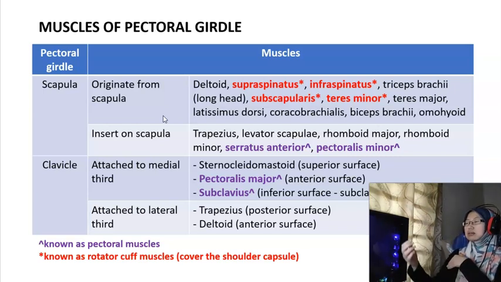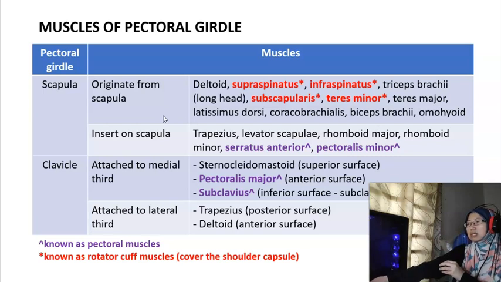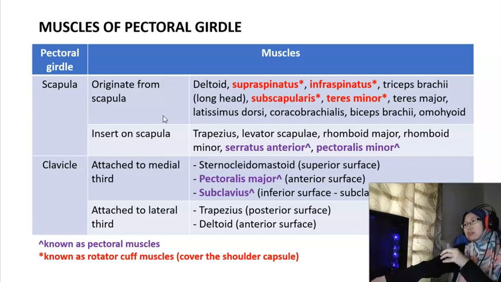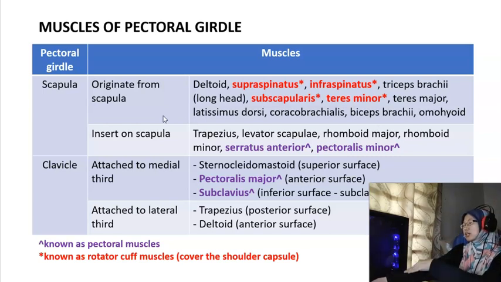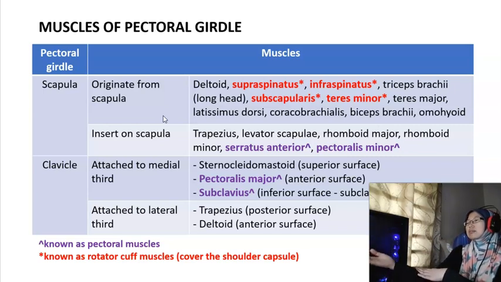Like your flexor muscle from medial epicondyle origin. The origin is from medial epicondyle of humerus and inserted to, let's say, your radius. So the fixed point is here, the medial epicondyle, the origin, and inserted to your radius, resulting in flexion of your forearm.